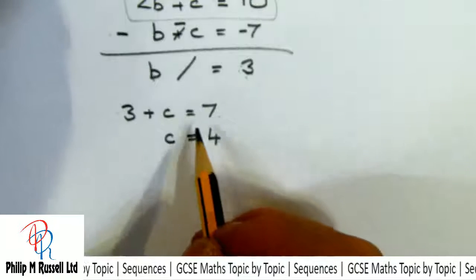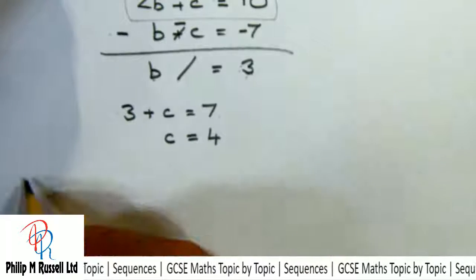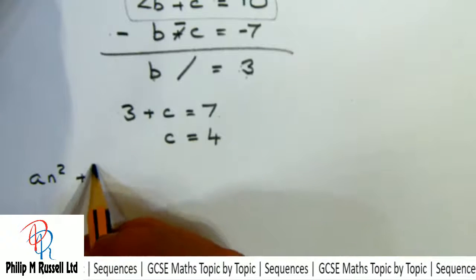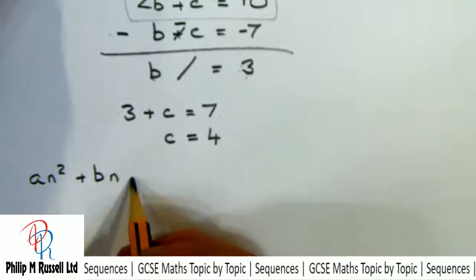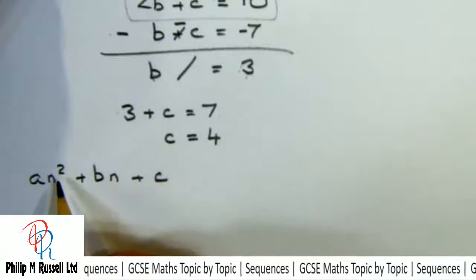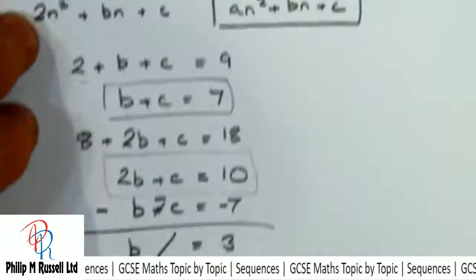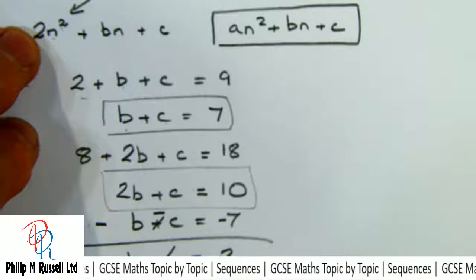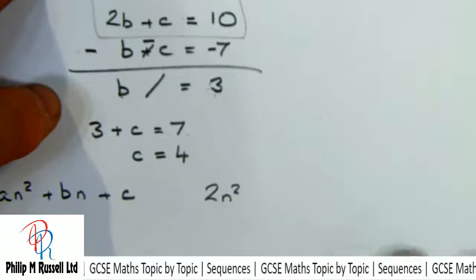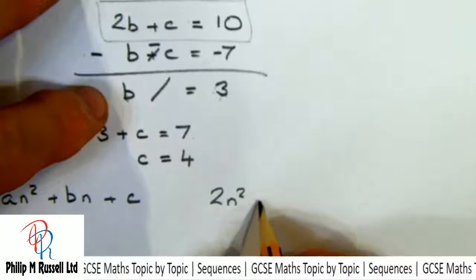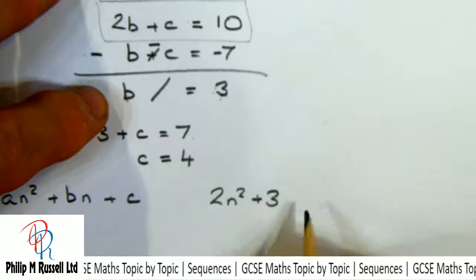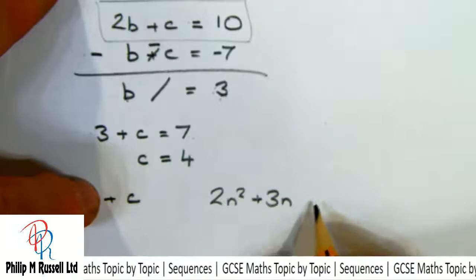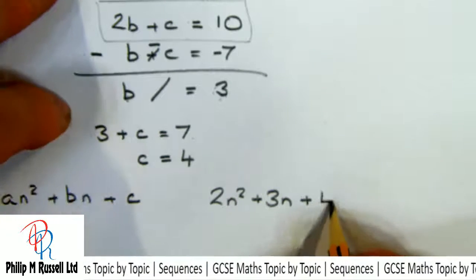So my equation, going back to my original here, an squared plus bn plus c. My a, we've already worked out from the top, was 2, so that's going to be 2n squared. I've worked out my value of b to be plus 3n, and my value of c is 4.